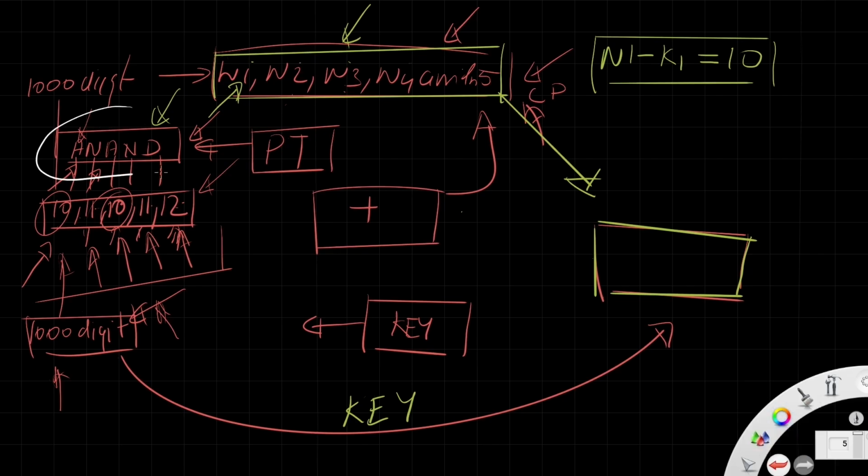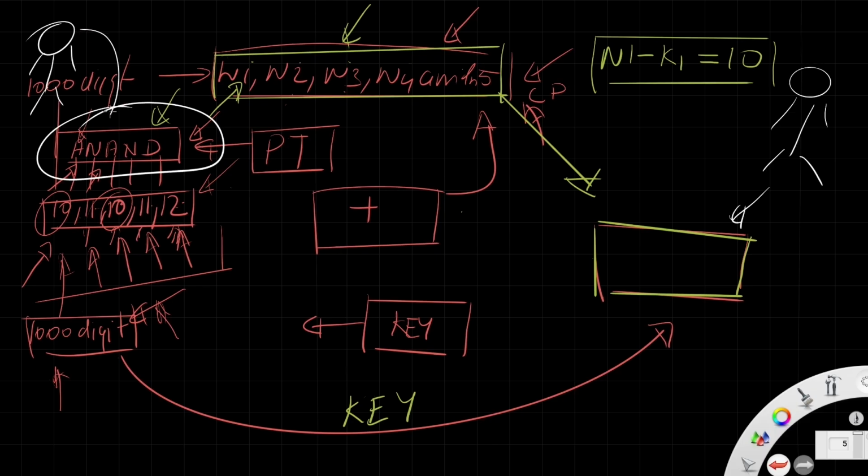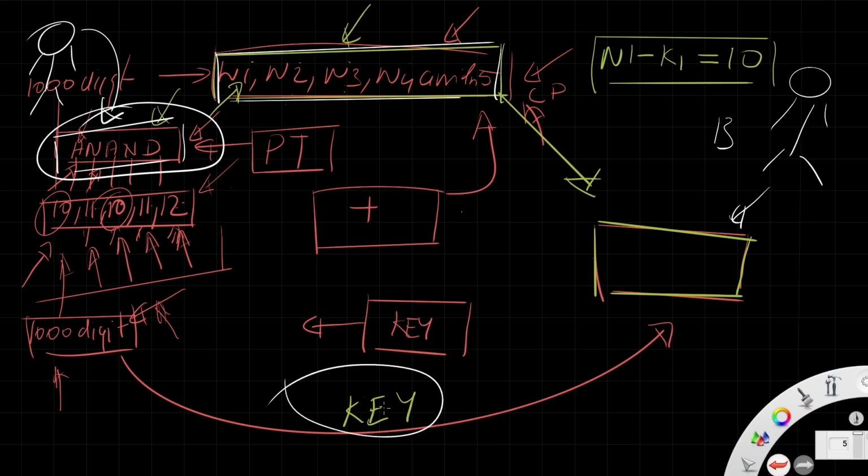This is the text you are trying to transfer to the other party. For example, this is Alice and this is Bob. Alice has this text and she wants to give it in a safe manner to Bob. The problem is Alice has to transfer this key somehow so that Bob can make sense of this information. Otherwise, Bob cannot decrypt it.